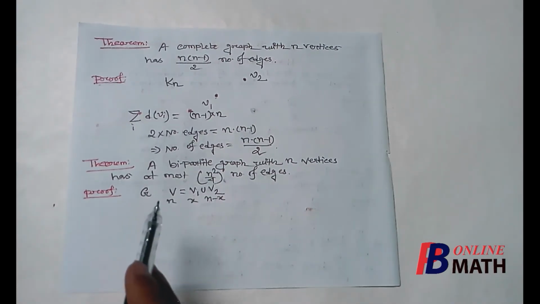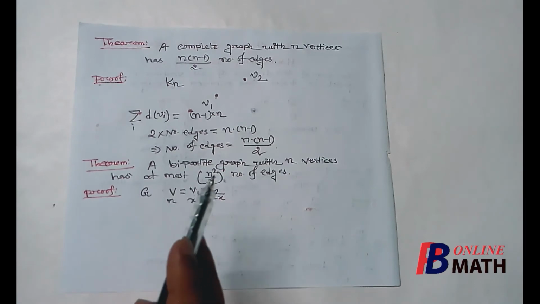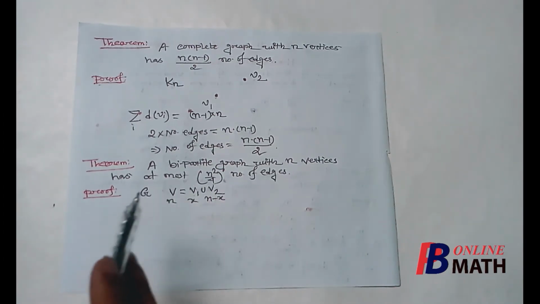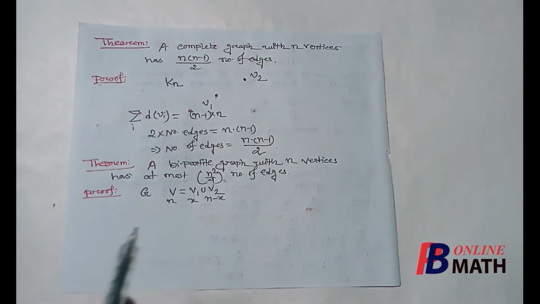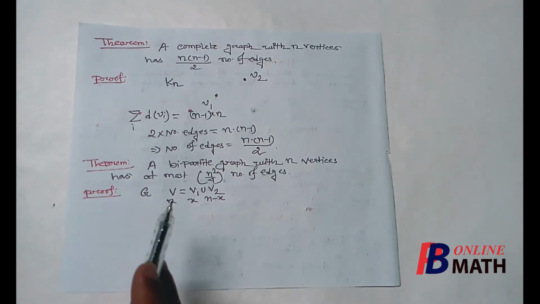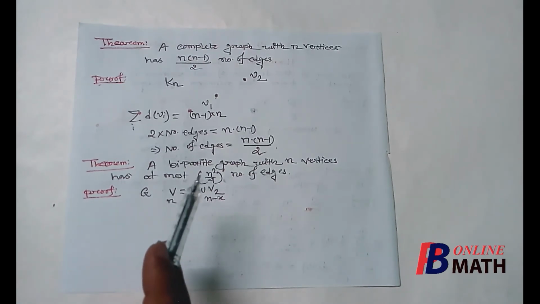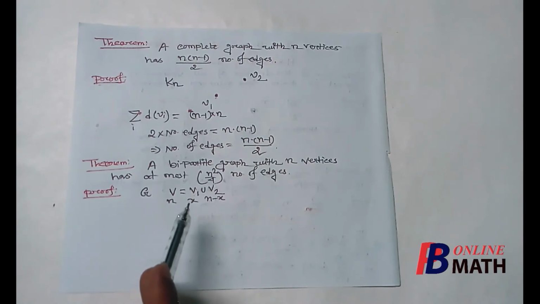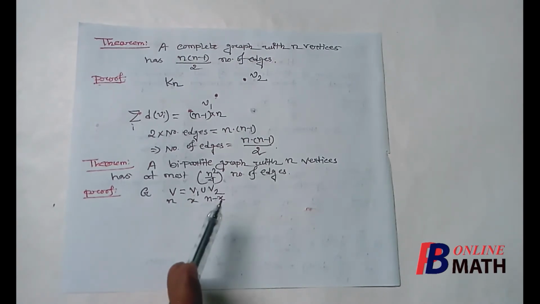Again, we know that a bipartite graph contains the maximum number of edges if it is a complete bipartite graph. So consider the maximum number of edges in a bipartite graph having n vertices such that in block 1 we have x vertices and in the second block we have n minus x vertices.